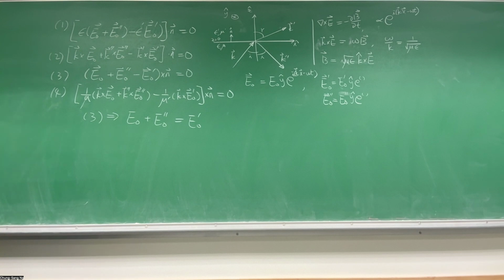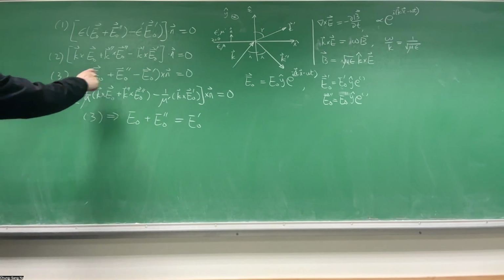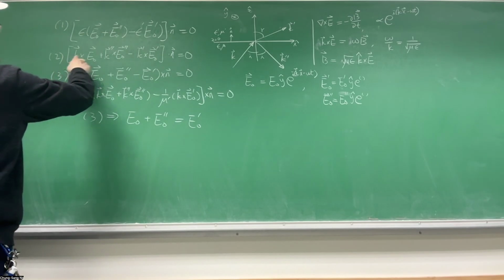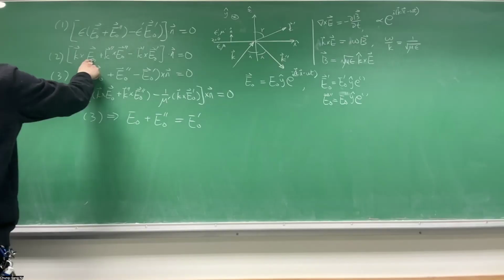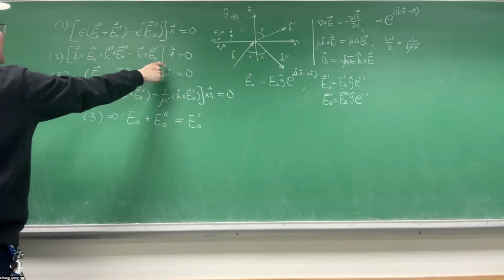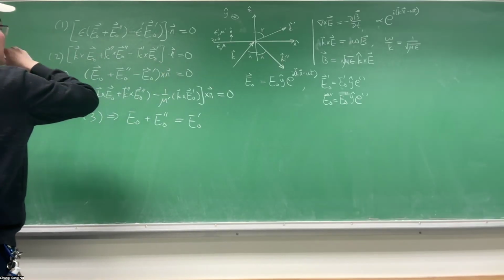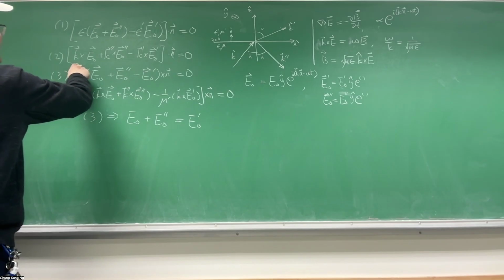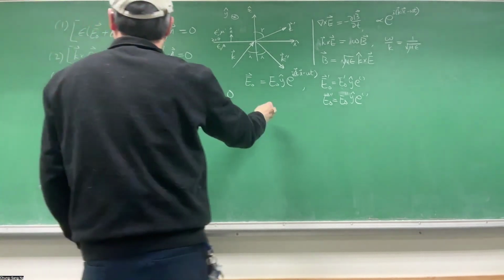Which one will be easier? We want n cross E0, so move it together and try it.